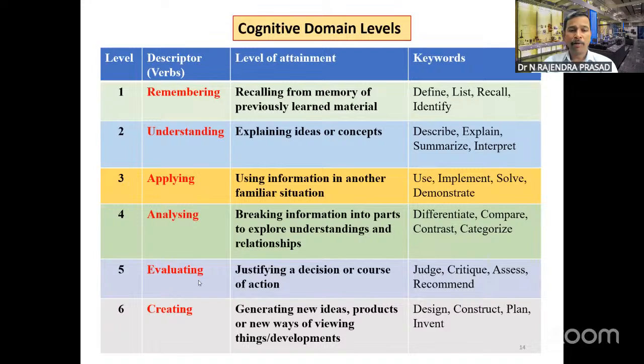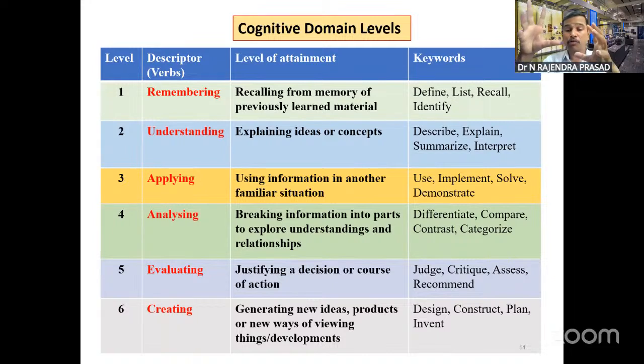Then the level 5 evaluation level: the student should be able to justify a decision or course of action. So you should use keywords such as judge, critique, assess, recommend, evaluate, substantiate, inspect, etc. The create level always gives scope for innovation.